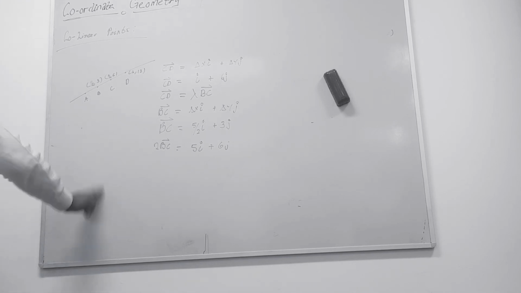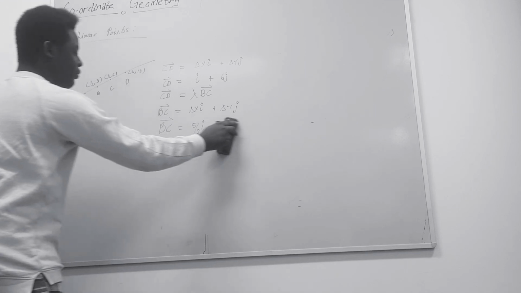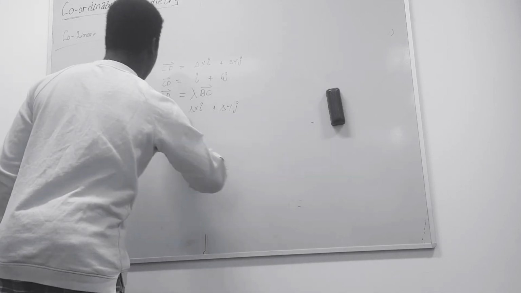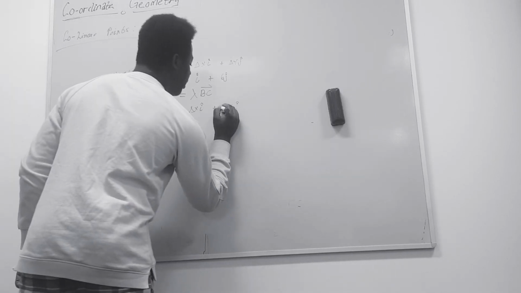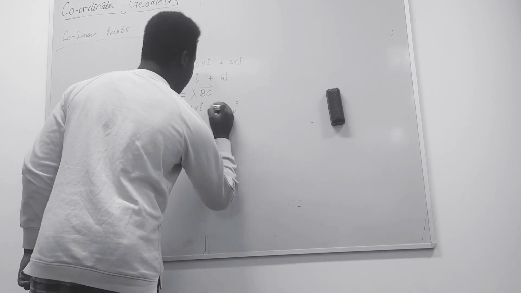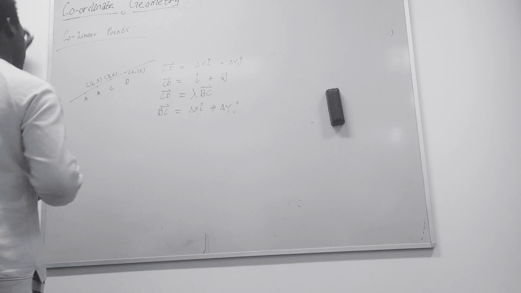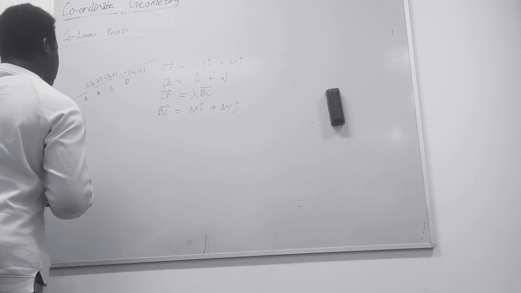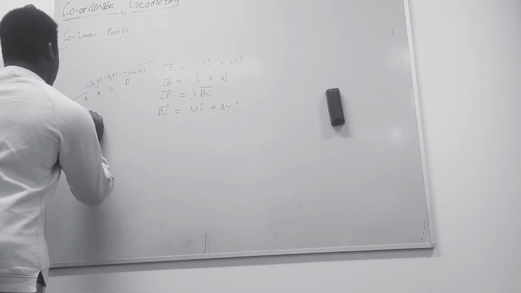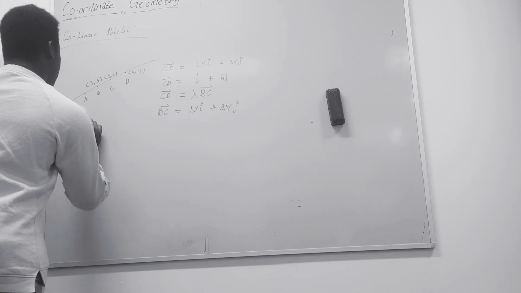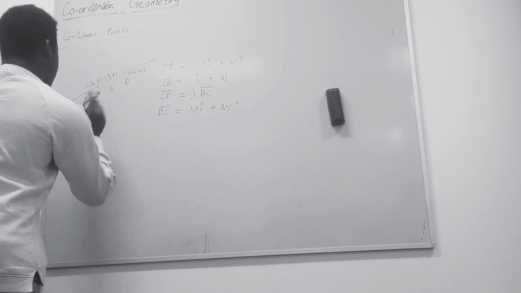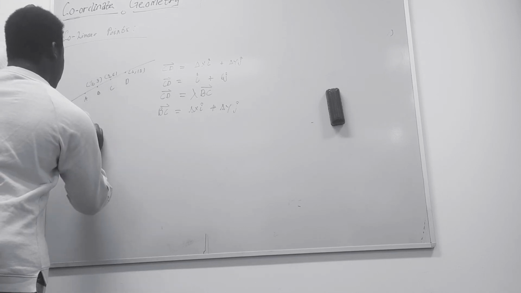I have to fix this properly. That's the general formula for BC, plus delta y j. I made a mistake.